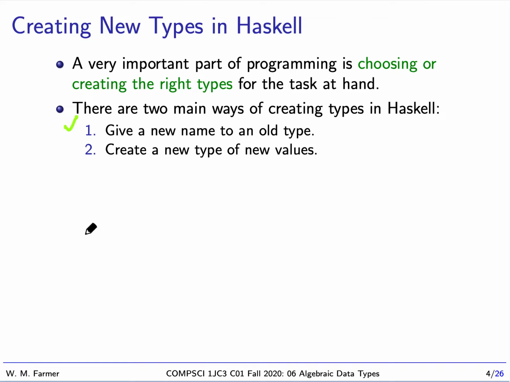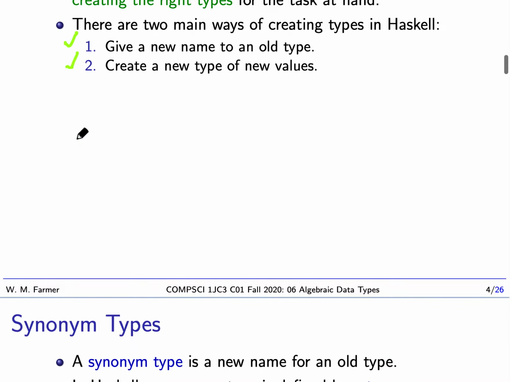And I'll explain how to do this. And the second way, we can create a completely new type of new values. And so this is a powerful thing. We don't have to use just the types that Haskell provides us. We can create new types. This is where the idea of algebraic data types comes in.